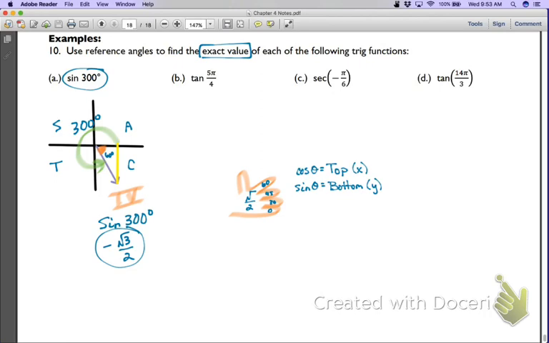Same way if it would have said, what's cosine of this angle? Well, I do the same thing, but what would my cosine value be? It would be 1/2, but what would it have to be? It would have to be positive. Well, what if it was tangent? I could still do tangent here. I can still do secant. I can still do cosecant.